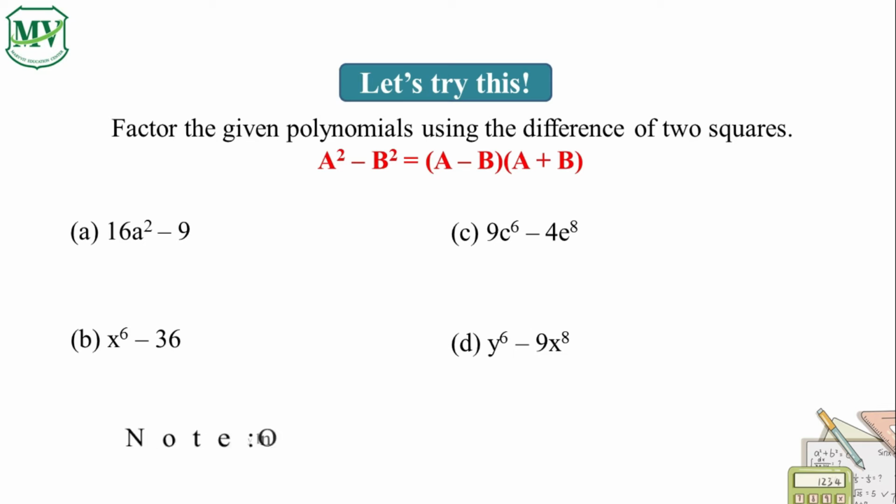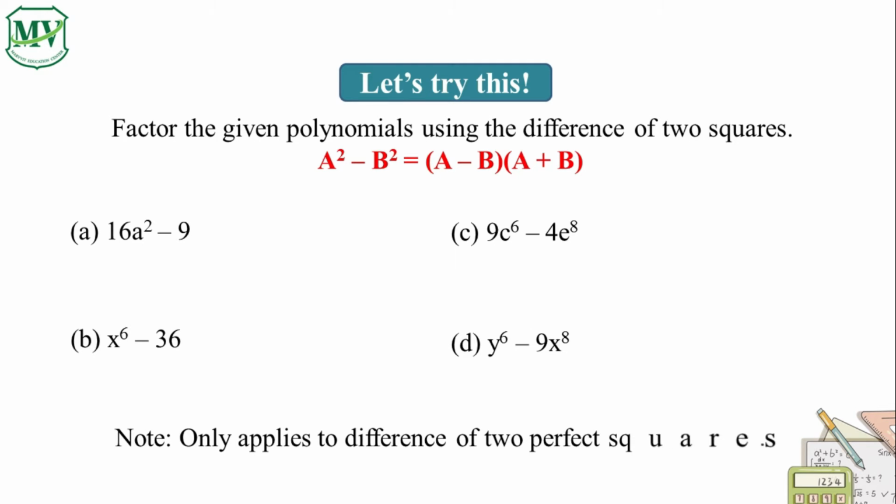We remember that we can only apply the difference of two squares if and only if the two terms are perfect squares, and it can never be applied to a sum of two squares.